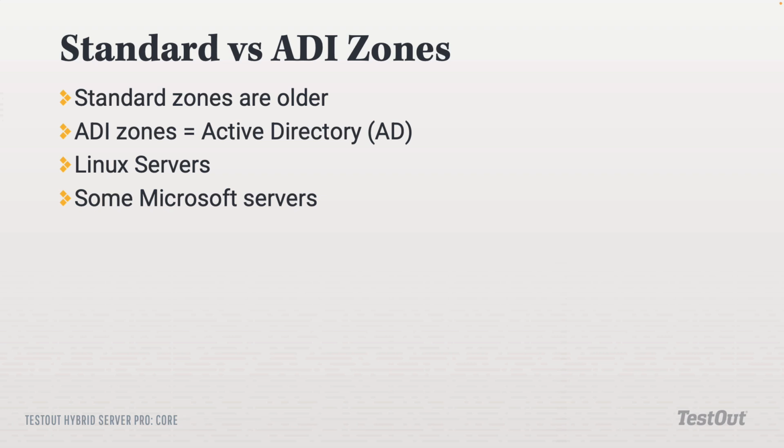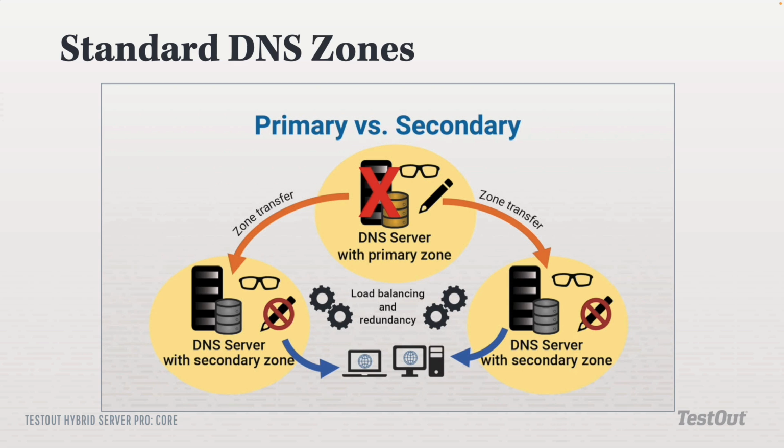So most of the time, if you set up a website or your own custom email, like I have tjhouston.com as my email, that is set up with just standard zones. It's not integrated with Active Directory in any way. I don't have the tjhouston.com domain where I have to authenticate against, right? I'm just using the standard zone for that.